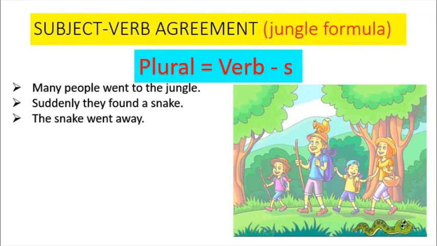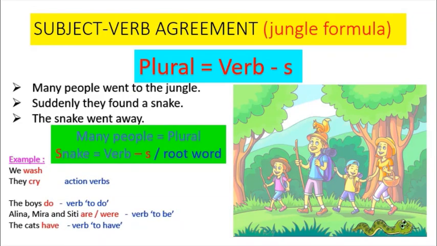The snake went away because it was afraid of the number of people. So, many people represent the plural nouns or pronouns. The snake represents the S for the verb. There is no S to be added, and only the root word will be used for plural subjects.